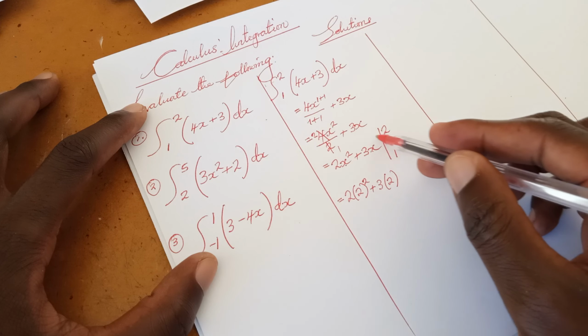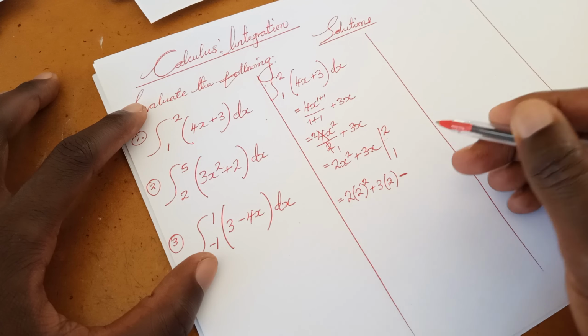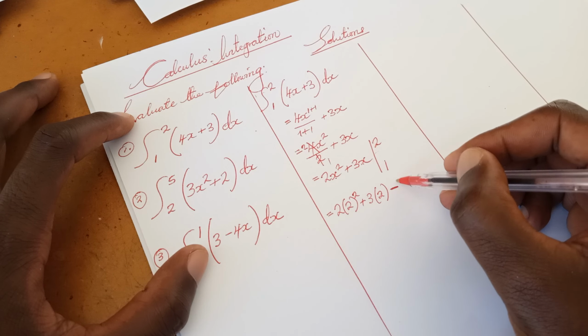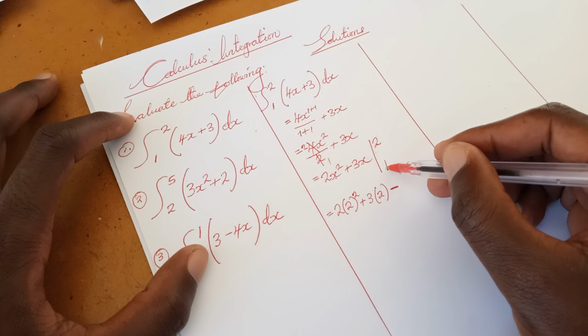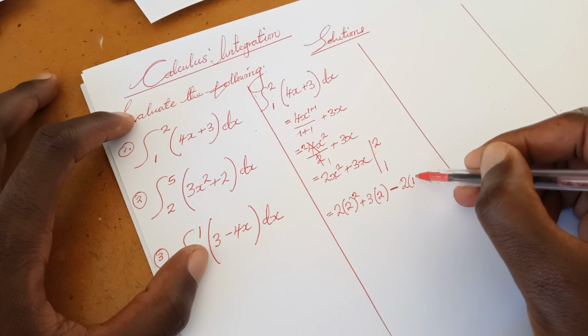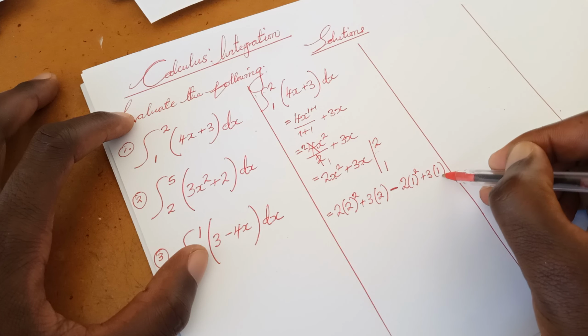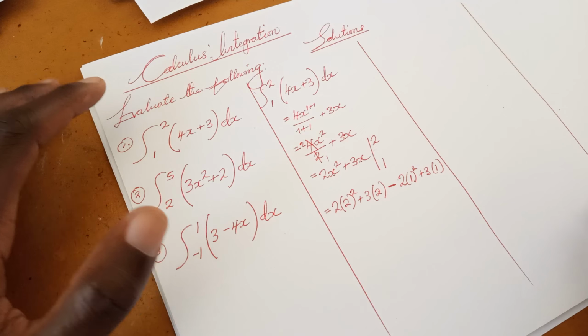So this whole equation, we have replaced x with 2. Minus. Again, we get the same equation. Now we replace x with 1. So we say 2, 1 to the power of 2 plus 3, where there is x, we're replacing 1. I hope that you have followed.